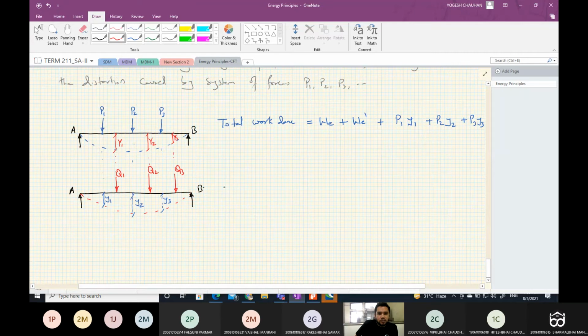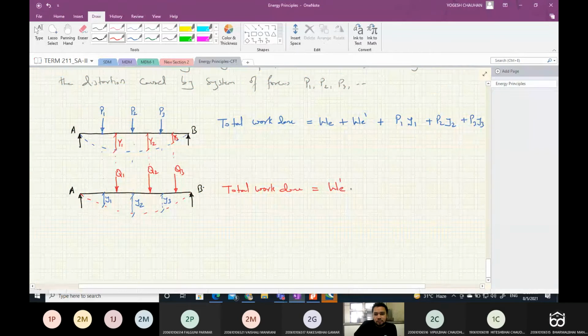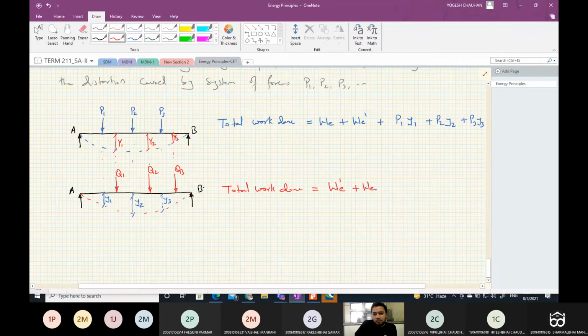and the total work done in this case will be equal to WE dash. Okay, what is WE dash? WE dash is the work done by the system of forces Q1, Q2, Q3 plus WE.